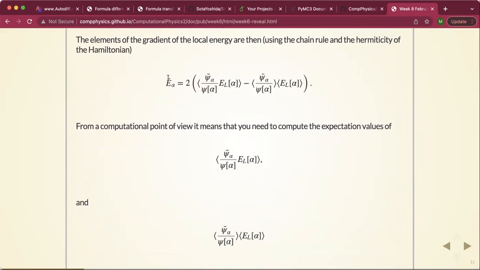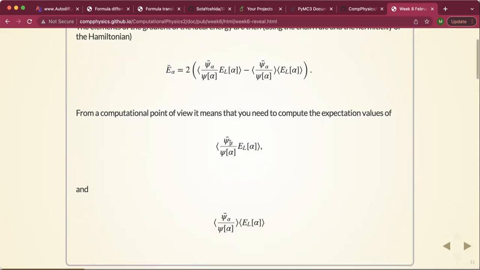where I put this bar on top here to indicate that this expression here is now the derivative of the local energy with respect to the variational parameters. And in our case, we have now to evaluate three integrals. So this becomes an integral which we have to evaluate, where we have the derivative of the wave function divided by the wave function.